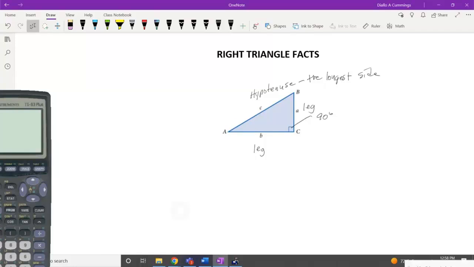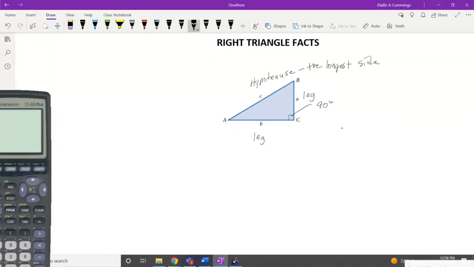The next fact, and I'm going to put a star by this: if given two sides, you can find the third side by using the Pythagorean theorem.